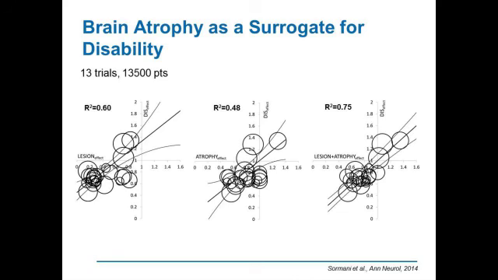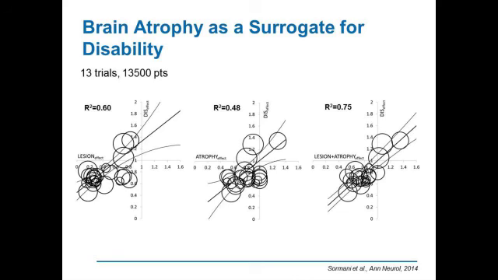The aim of this analysis was to correlate the treatment effect on MRI lesions, on brain atrophy, and on disability progression. Please note that in these graphs, we don't have the correlation between brain atrophy and disability progression, but rather the correlation between treatment effect on brain atrophy and treatment effect on disability progression.